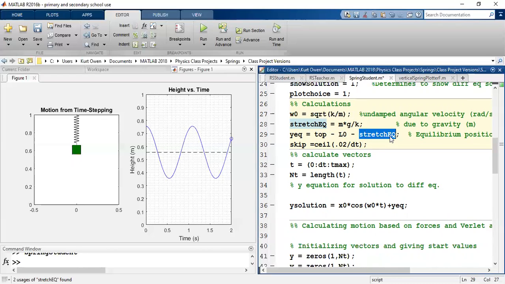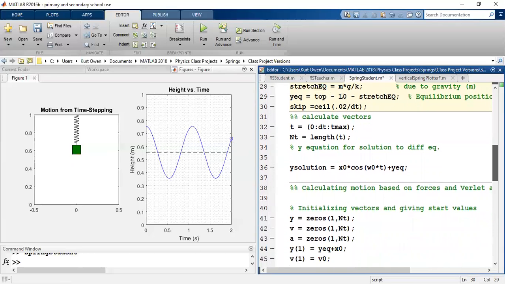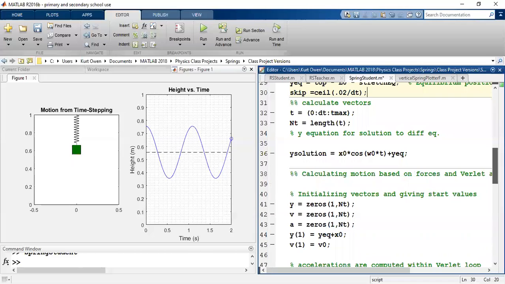Because of the mass on the spring, it stretches further, and that tells us where the equilibrium height will be. Then we'd have a skip command. You've seen these before. The skip keeps the plotting from taking too long, so we can have high precision calculations without the plot taking too long.